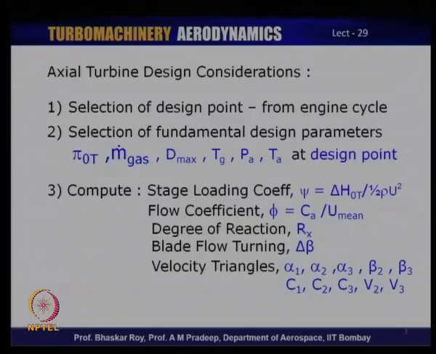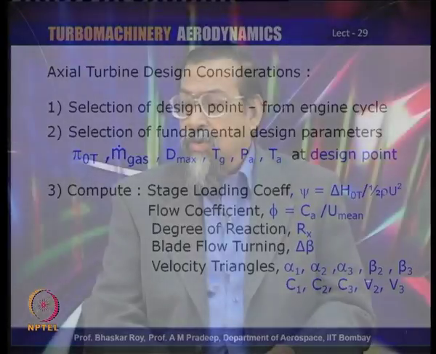Now, this is a stage loading coefficient, which is normally used in most stage characterization, and it goes with the flow coefficient phi, which is simply C A by u mean. Sometimes in various real applications by various companies, the phi is also mentioned as C A by u tip.